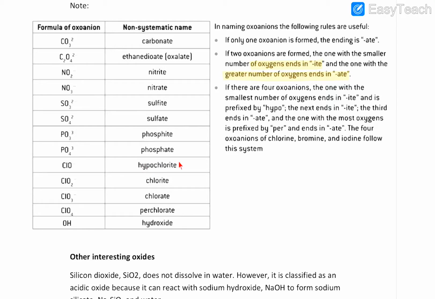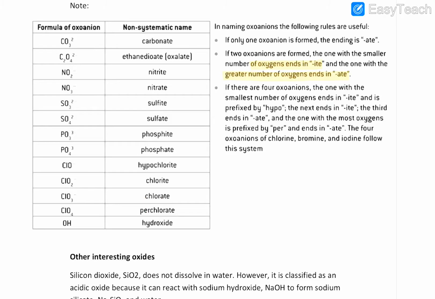So hypochlorite. Then the next one will just end with -ite, and the one with the highest number of oxygen will end with -ate with the prefix per, and the one before is just going to end with -ate.